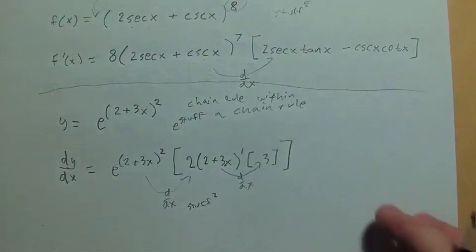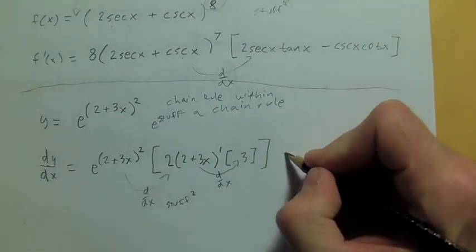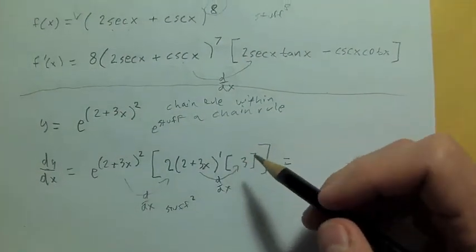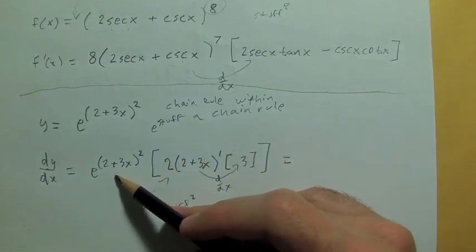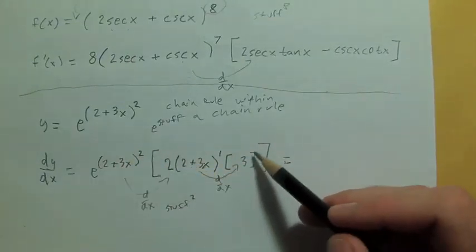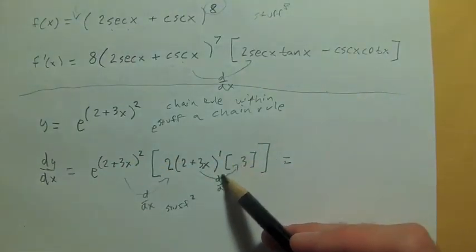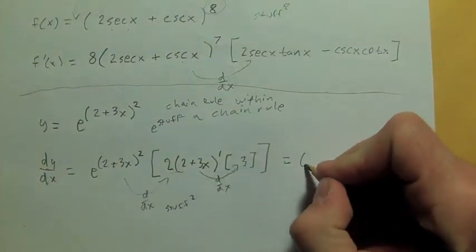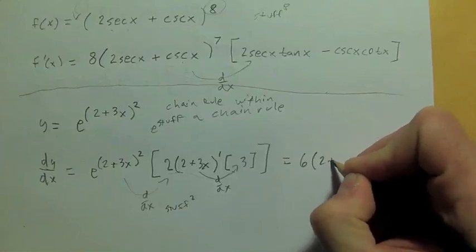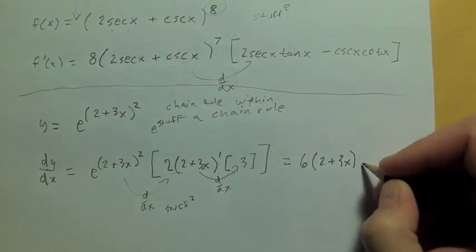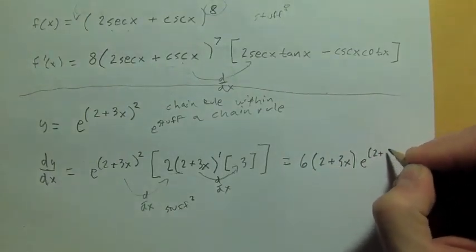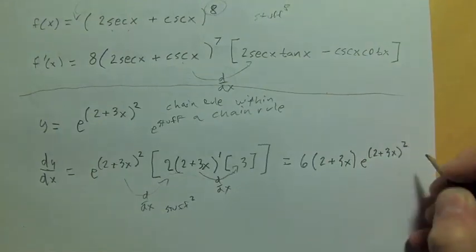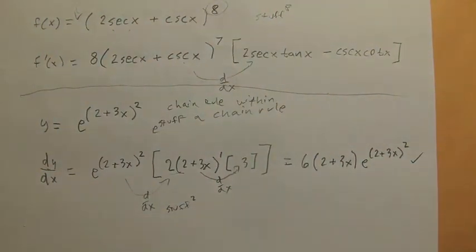Okay. And this one we can actually simplify quite a bit. We have this e to the stuff, and then we have this other thing. So we'll actually move that out front. So the 2 and the 3 come together to give me 6 times 2 plus 3x times e to the 2 plus 3x squared. And we are done.